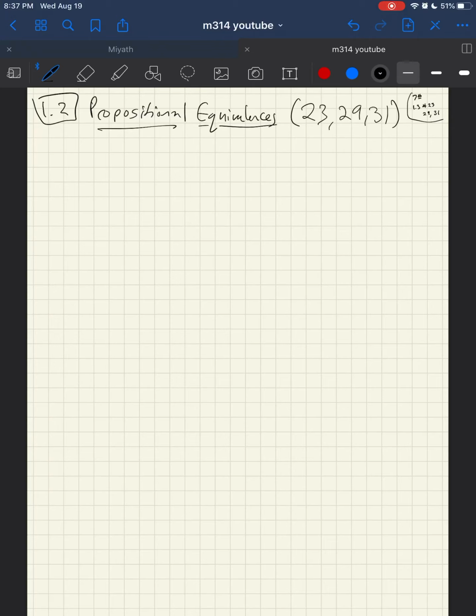Okay, so what I want to do is give you just a few quick examples, and then I want to focus on the DeMorgan laws. This is just going to be some really basic stuff like tautology, contradiction.